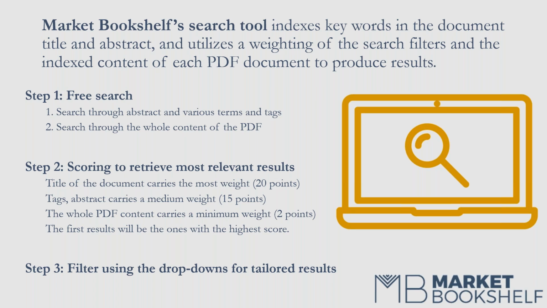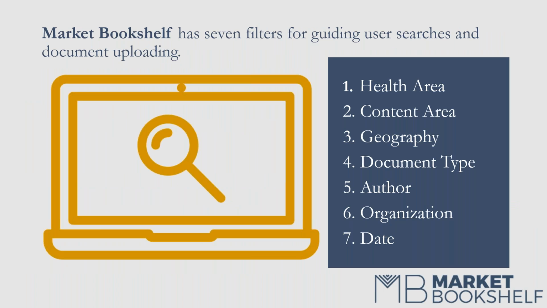So it conducts this free search and uses a scoring algorithm with the weighting that you can see on the slide to provide the results, ordered from highest score to lowest, that would be most likely to deliver the searcher's desired result. And then the third aspect of this is using the drop downs for more tailored results. This will become more apparent in a minute.